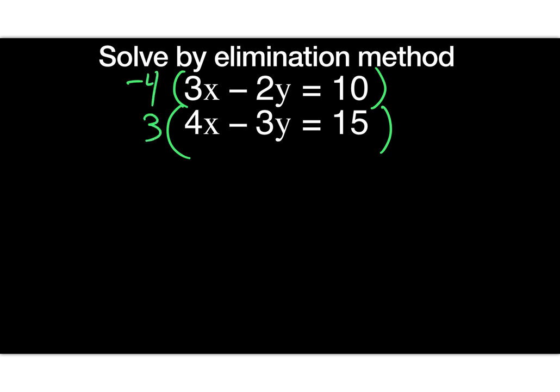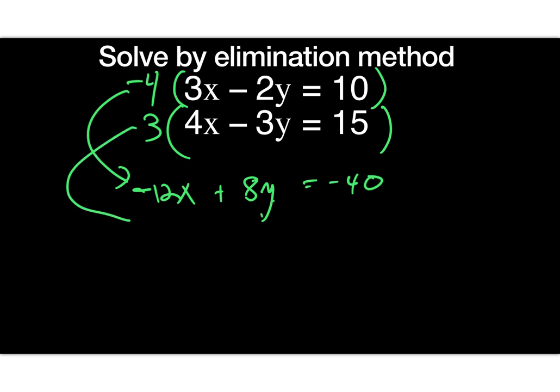When doing that, -12x, positive 8y, keep track of that negative, because I'm distributing that into each of them, equals -40. Bottom equation, now I'll have 12x minus 9y equals 45.